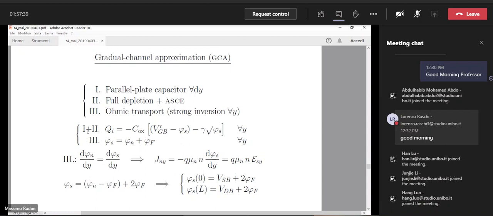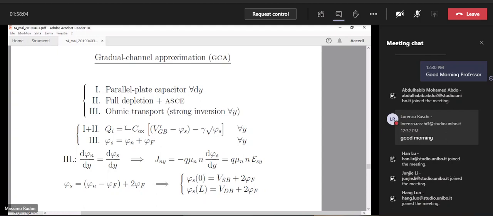Combining the two hypotheses, you remember, we can express the inversion charge Qi as minus Cox (VGB prime minus phi s minus gamma root phi s). So we are using exactly the same expression as we did in the MOS capacitor.